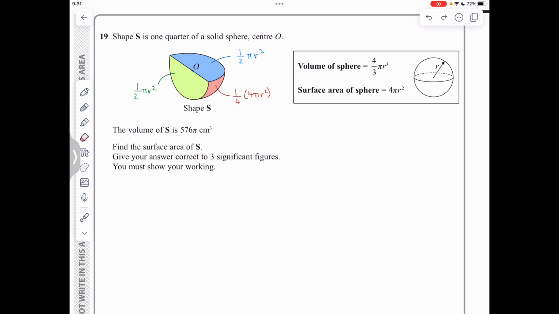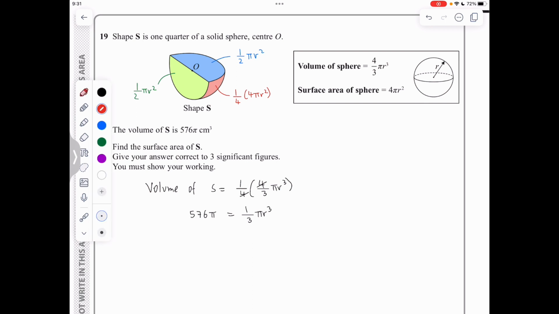Now let me start by using the fact that we know the volume of S is 576 pi cubic centimeters, and therefore we can easily say that since this is a quarter of a sphere, then the volume would be a quarter of 4 over 3 pi r cubed, and this gives an answer of a third pi r cubed, which is equal to 576 pi.